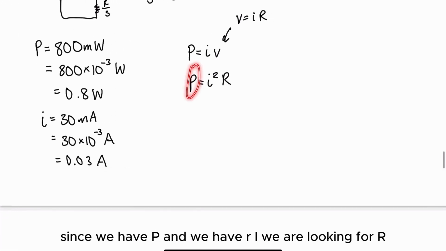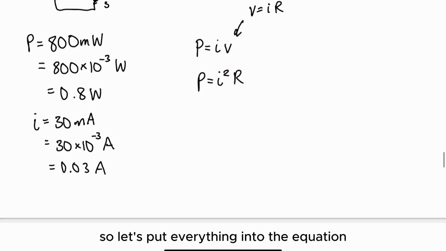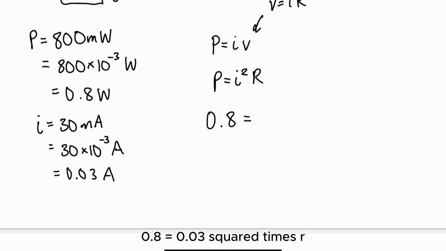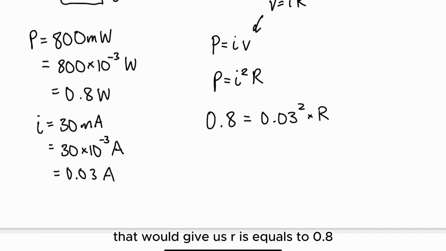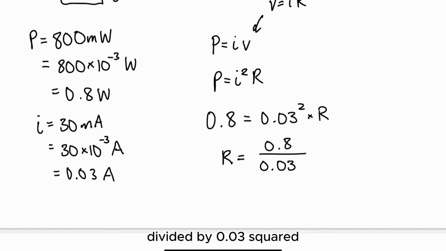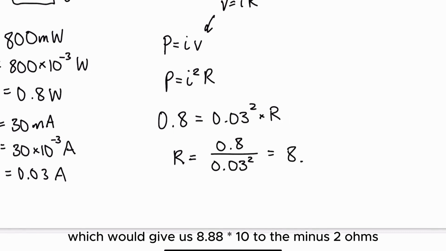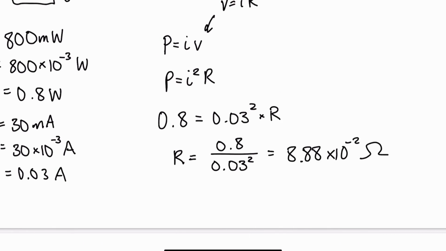Since we have P and we have I, we are looking for R. So let's put everything into the equation. 0.8 equals 0.03 squared times R. That would give us R equals 0.8 divided by 0.03 squared, which gives us 8.88 times 10 to the minus 2 ohms. That would be the final answer.